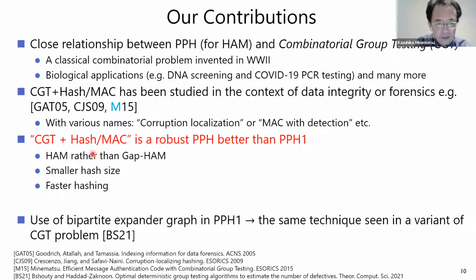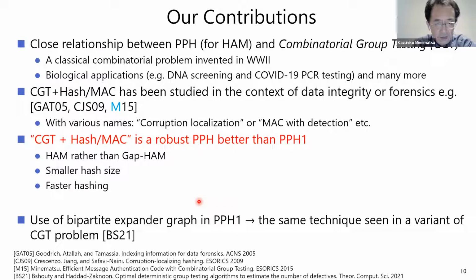We show that these applications of CGT actually implement a robust property preserving hash function for the Hamming predicate, better than PPH1 of BLV19. Namely, it implements a PPH for the Hamming predicate rather than the gap one, and it has a smaller hash size and a faster hashing time.